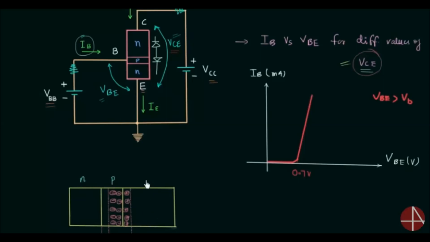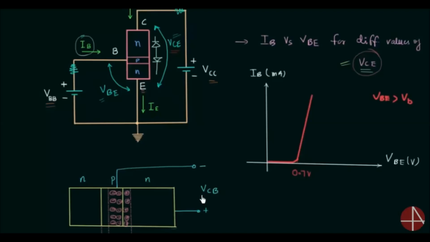I am considering an NPN transistor in active mode, and in active mode the emitter base junction is forward biased and the collector base junction is reverse biased. So base is at the lower potential and collector is at the higher potential, and the voltage across the collector base junction is equal to VCB.